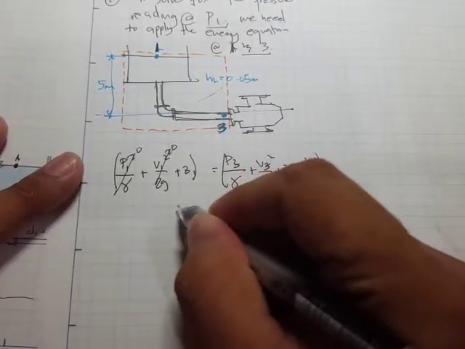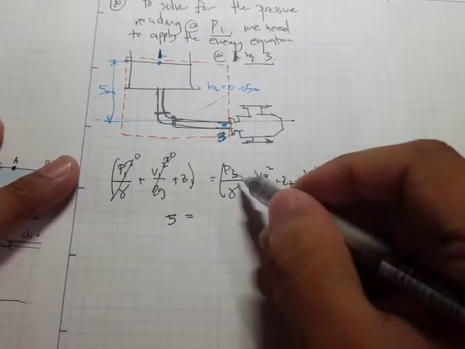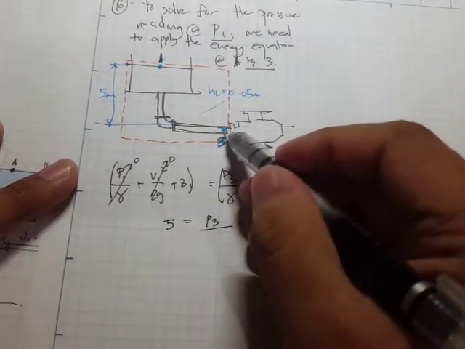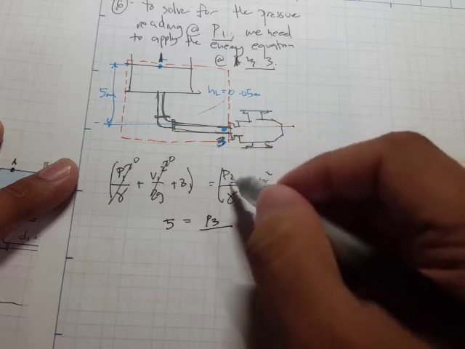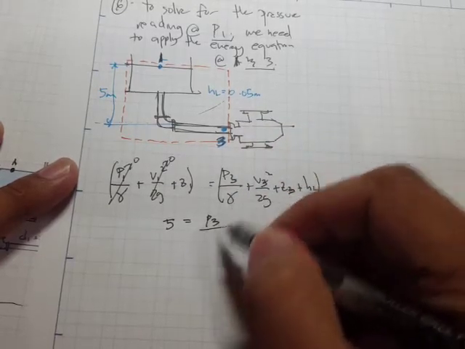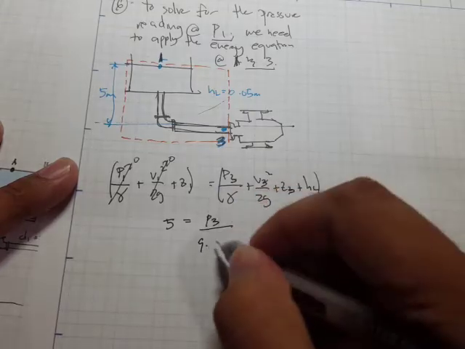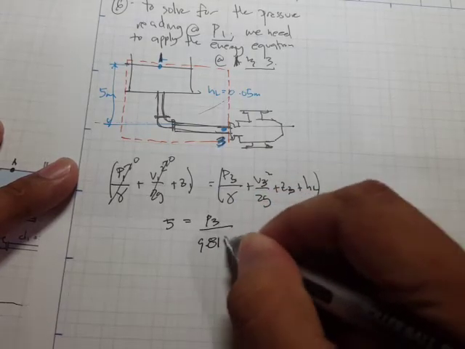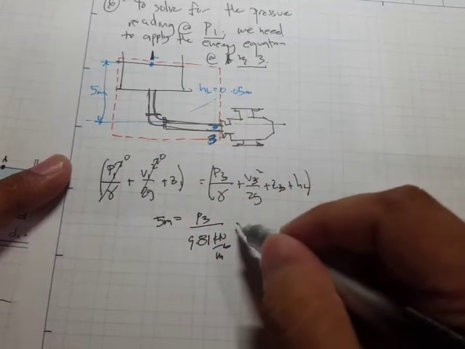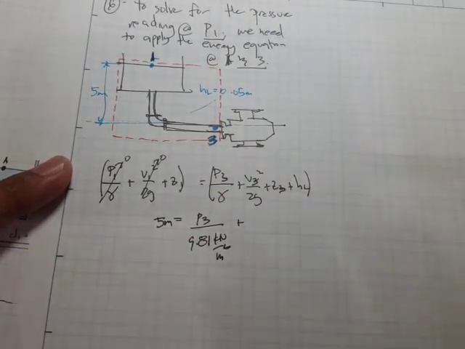So 5 is equal to P3. Actually there is a pressure here, so that's why there is a value, and that's what we are solving for. So divided by 9.81 kilonewtons per cubic meter, and this is in meters, plus the velocity right here.